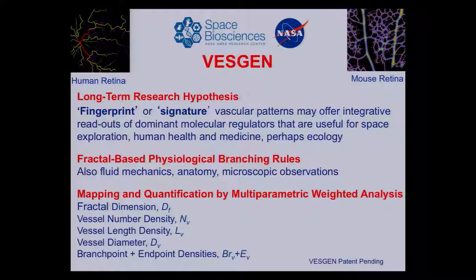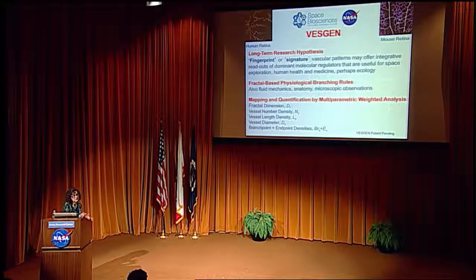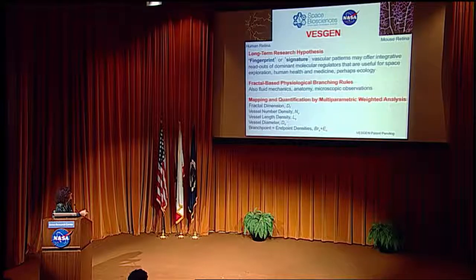The system is fractal-based, but in order to really describe it, we need a suite of other repertoires, because at least in the current state of fractal analysis, which is at an early stage in its development, you can have the same fractal dimension for quite different vascular patterns. The dimension may describe the space-filling characteristics, but the patterns don't have to be the same. So it's really a non-unique descriptor. Therefore, to quantify changes in a site-specific manner within the tree, we have other parameters such as number density, length density, and branch points.